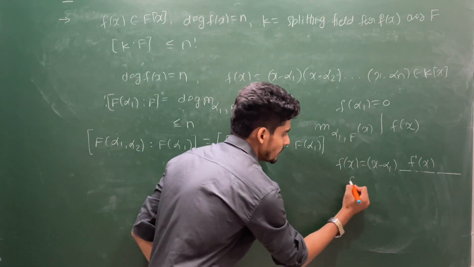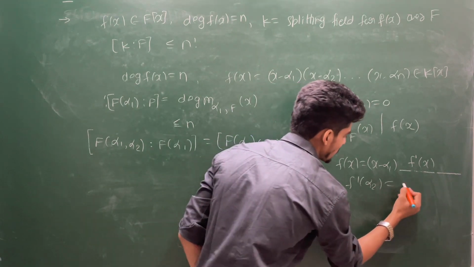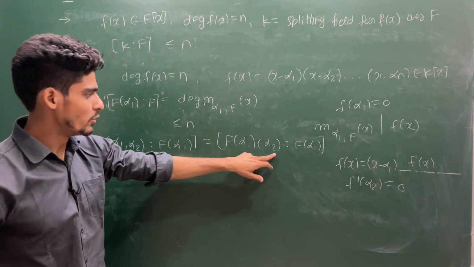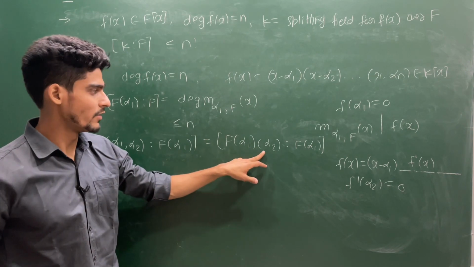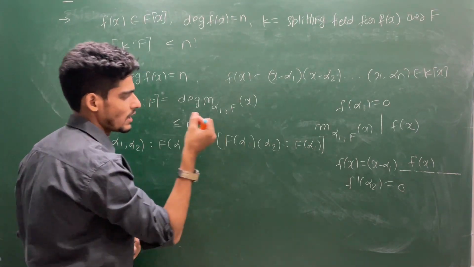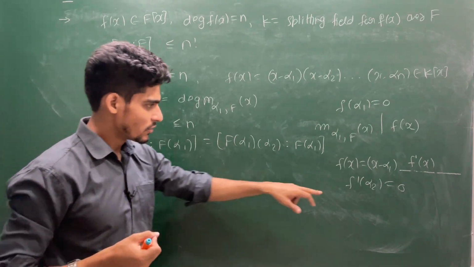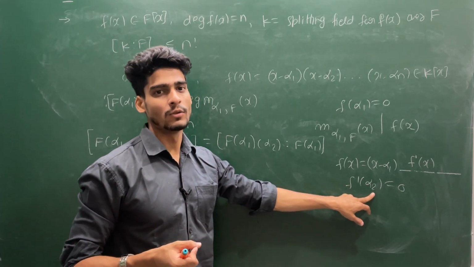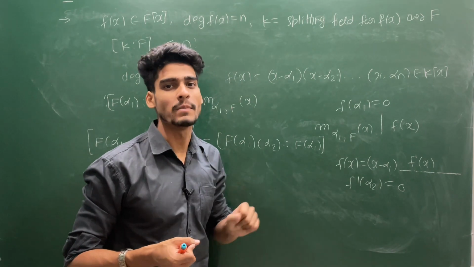So you can say this f prime contains alpha 2 as a root, and this alpha 2 is available in this field extension F(alpha 1, alpha 2). So this is a polynomial satisfying alpha 2, and the degree of this f prime(x) is n minus 1.